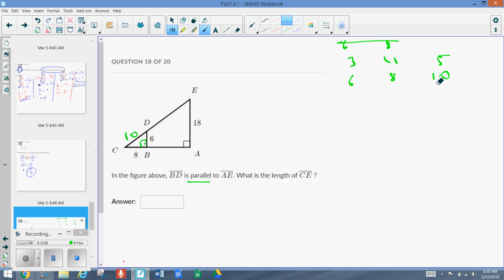Now, here's the rule. What is the ratio between this and that? 6 over 18, divided by 6, divided by 6. The ratio is 1/3. So 1 over 3 is equal to part over whole. This is the rule. Have you heard that before?